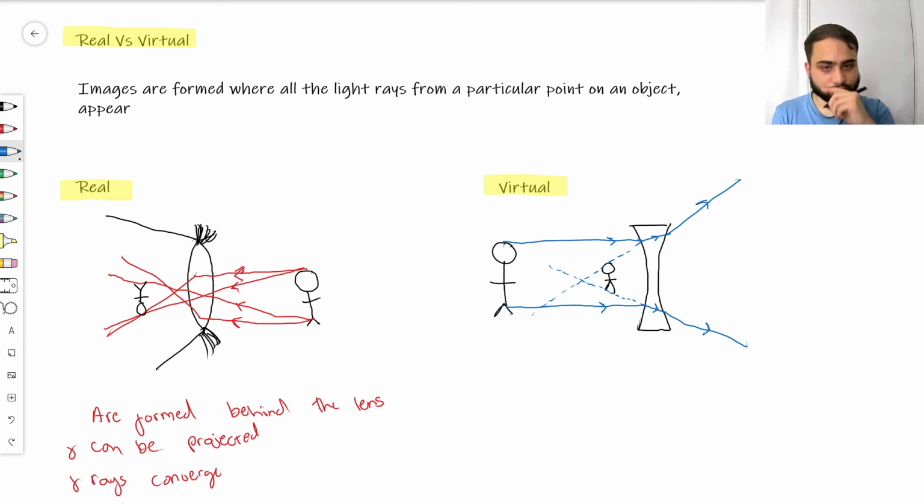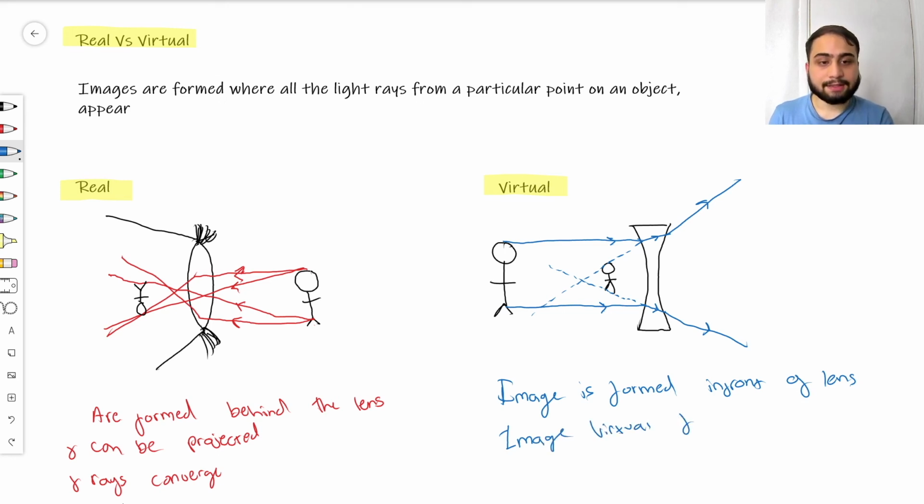Now let's move on to virtual rays. Here we can see the stickman being formed in front of the lens. So the image is formed in front of the lens. This image is virtual, and this is because the rays of light do not actually converge at that point.